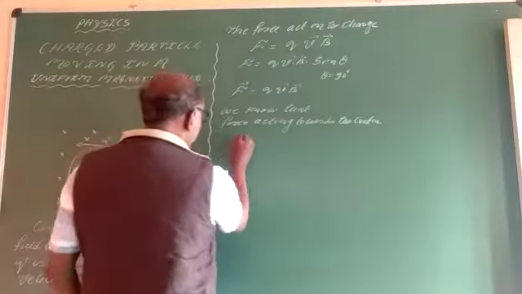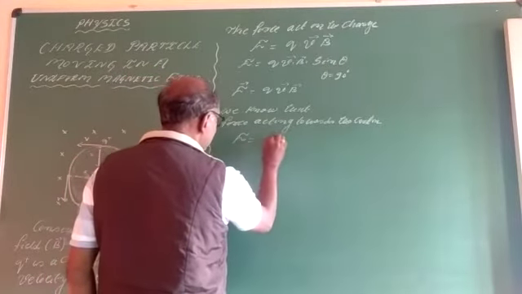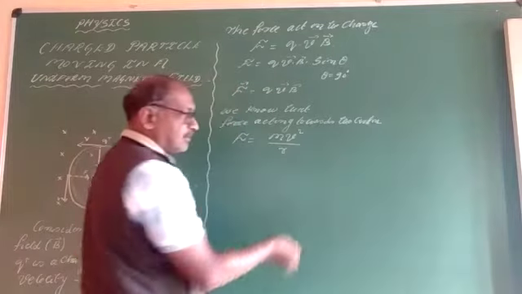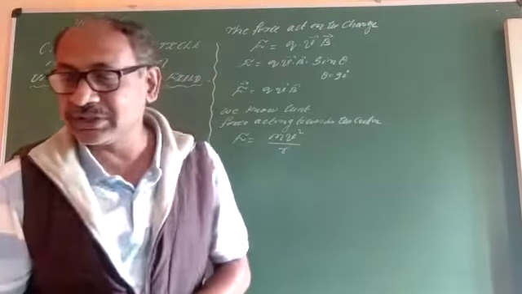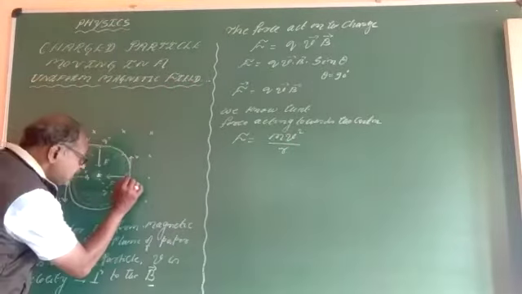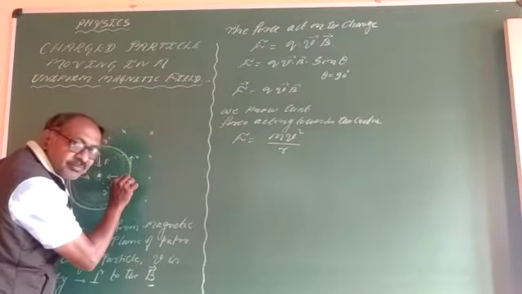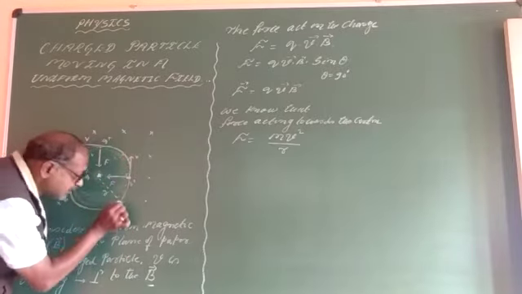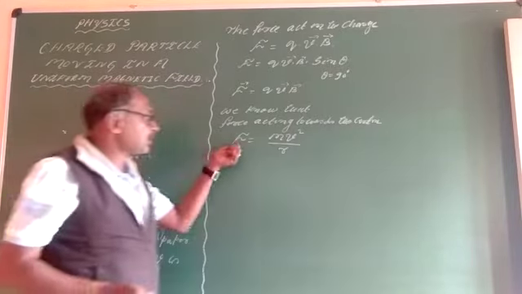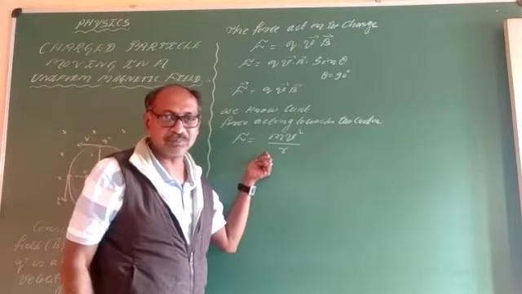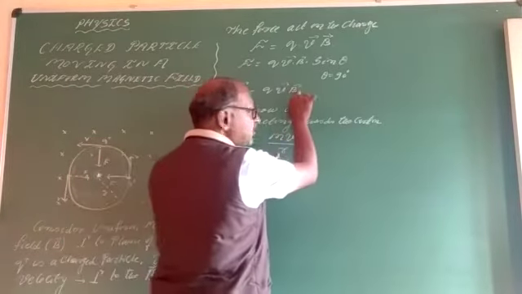Therefore F is equal to mv square divided by r. This is what we already know. m is the mass of this particular particle, v is its velocity, and r is considered as the radius. So the centripetal force is given by mv square divided by r.